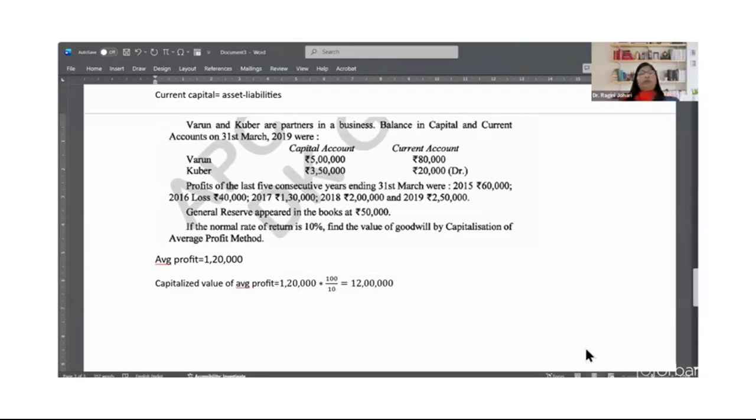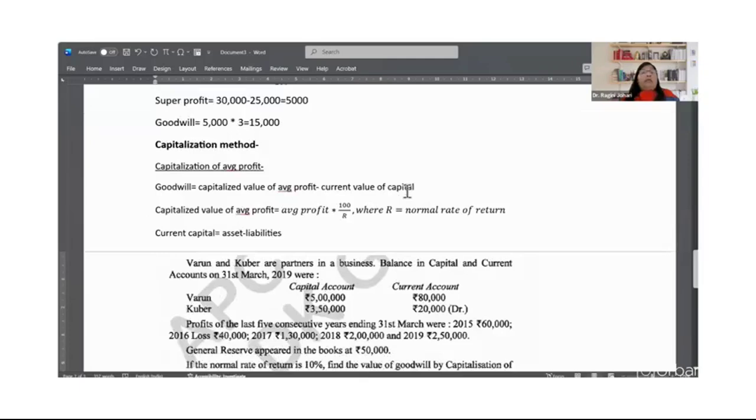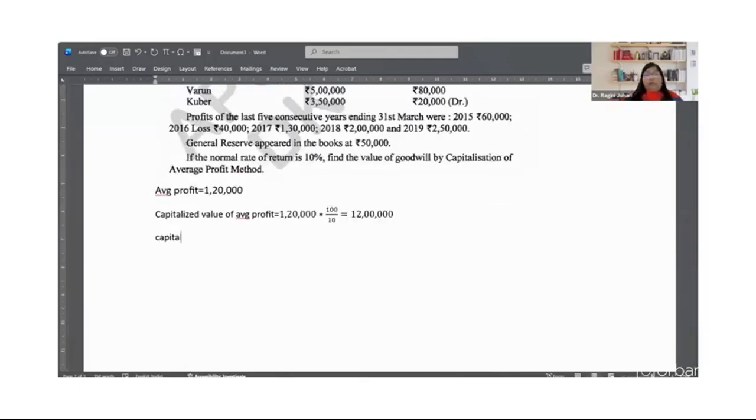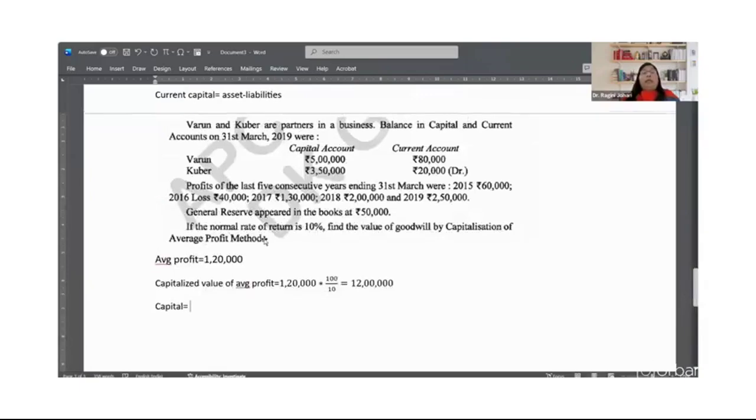Now what next do we need to find out here? Current value of the capital. Current value of capital is the sum of capital accounts, current accounts, and general reserve.